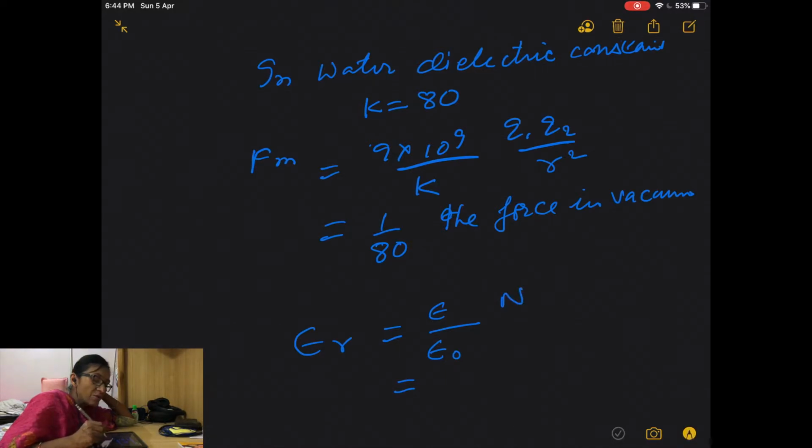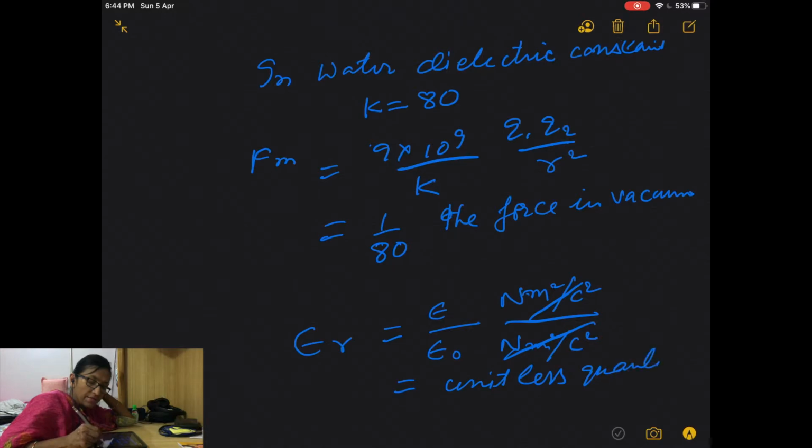If you write the unit, Newton meter square per Coulomb square divided by Newton meter square per Coulomb square, the unit is cancelled. So it is a unitless quantity.